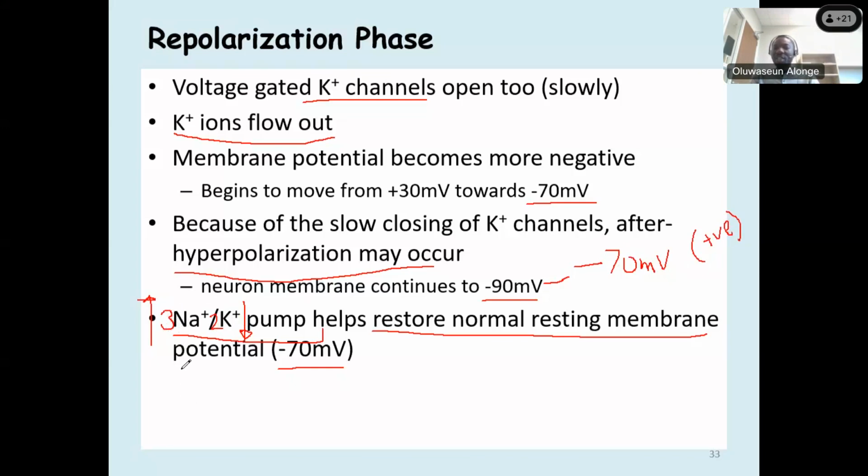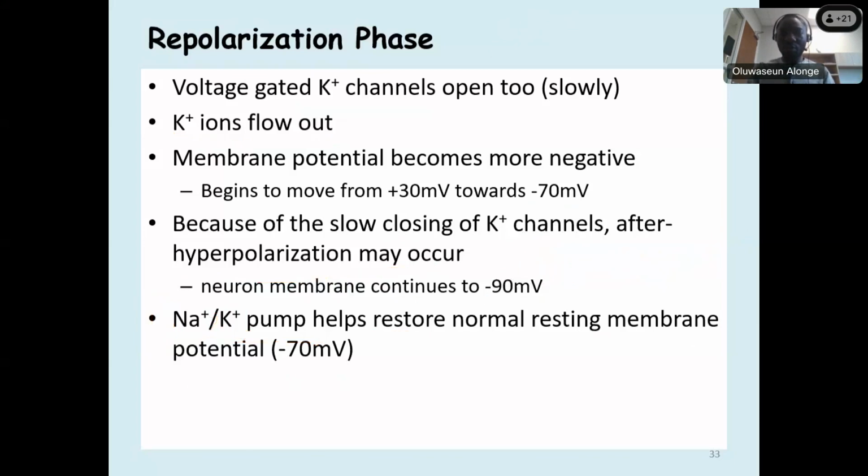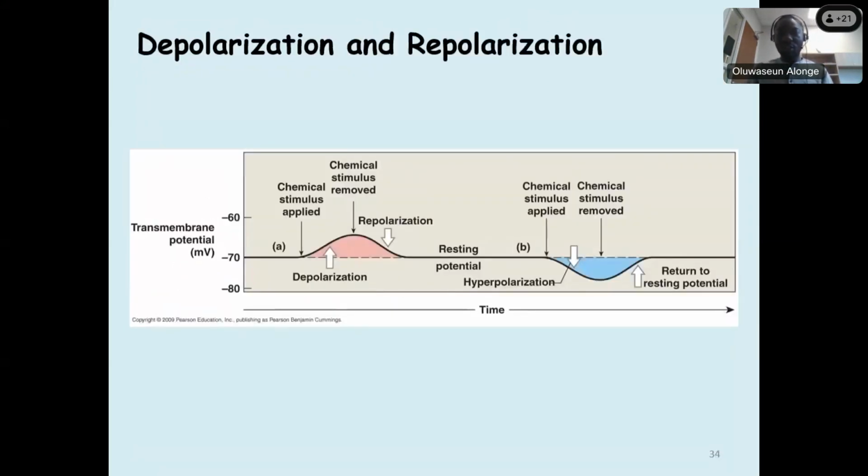So the cell is losing 1 positive every time. And that's what is going to bring the cell from negative 90 to negative 70, as the cell keeps losing 1 positive every time, right? All right, so that's how the sodium potassium pump helps to maintain or restore the membrane potential.